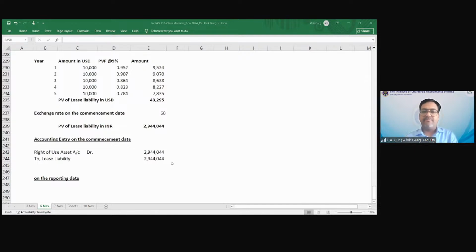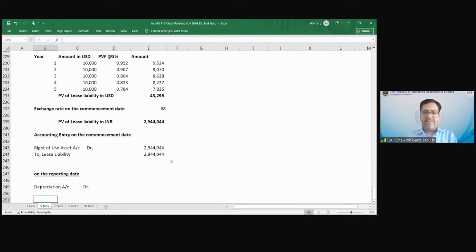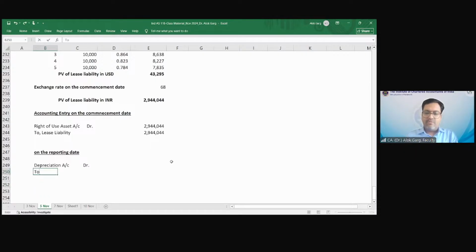So there will be depreciation on this right of use asset. We need to provide depreciation for 5 years. Depreciation to accumulated depreciation, yes, on the right of use asset.